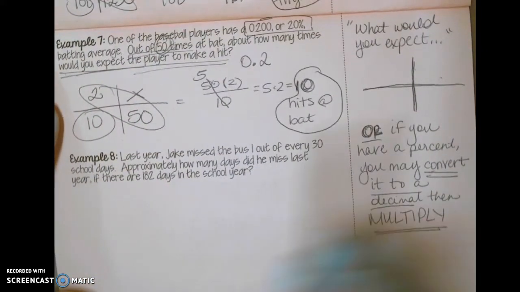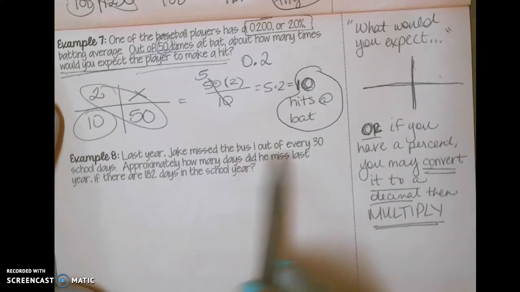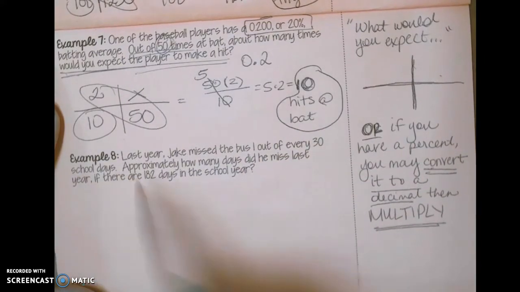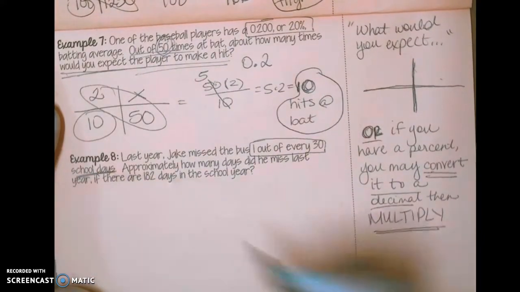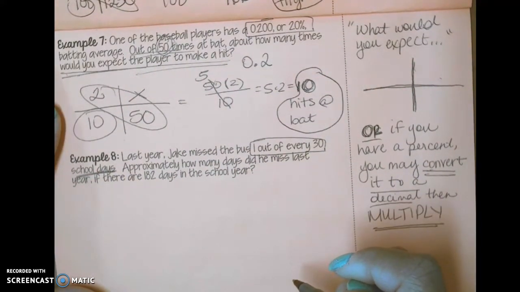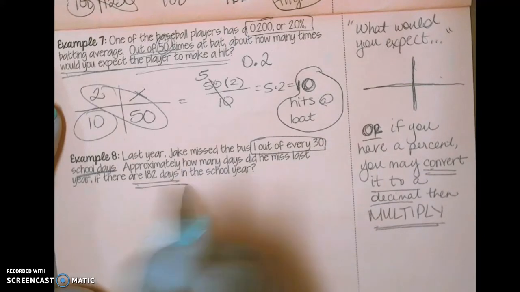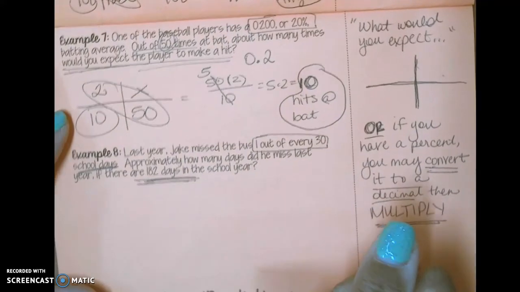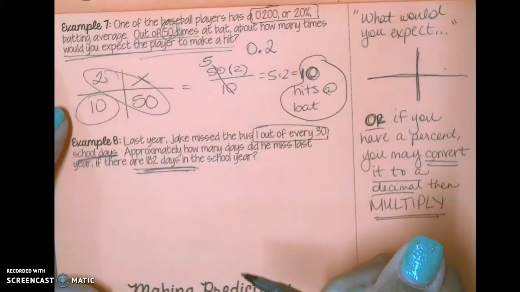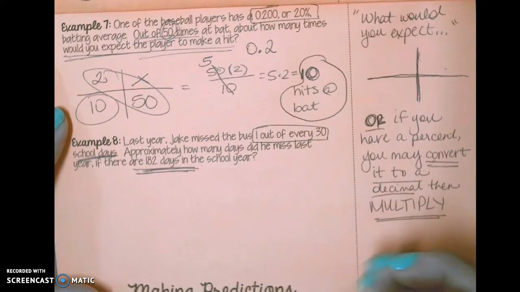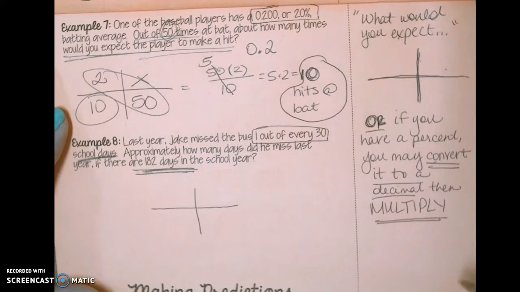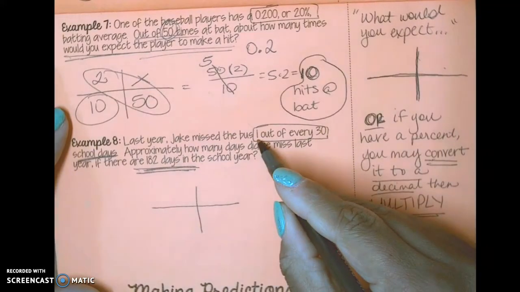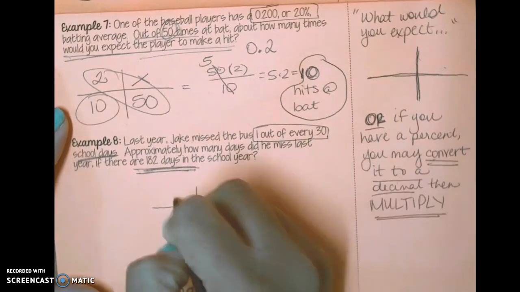Lastly, last year, Jake missed the bus 1 out of every 30 school days. That right there is the ratio. Approximately how many days did he miss last year if there are 182 days in the school year? I don't have a percent here, so I must use a proportion. They're giving me one ratio, which is 1 out of every 30.